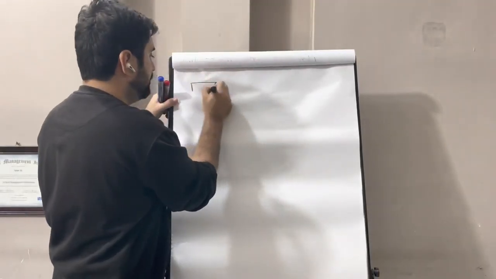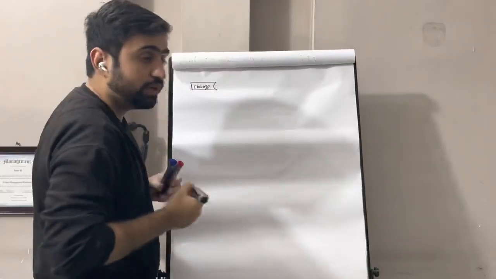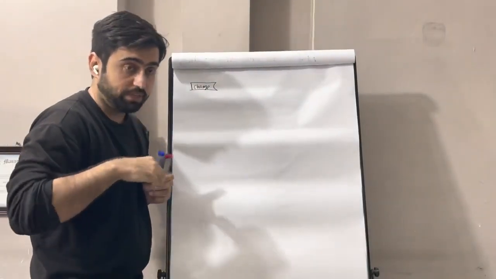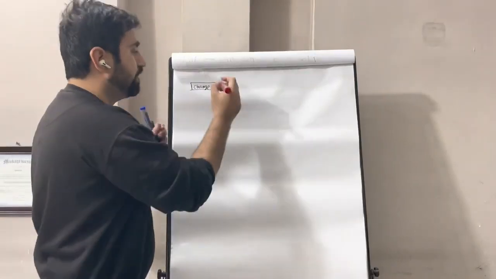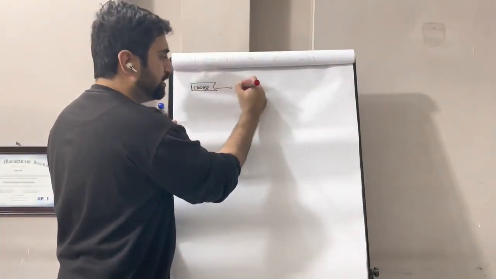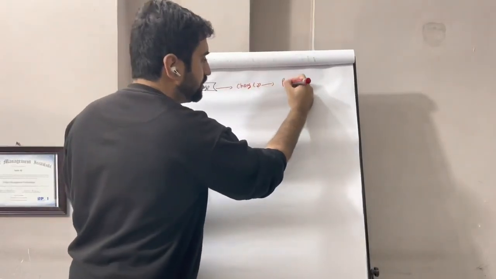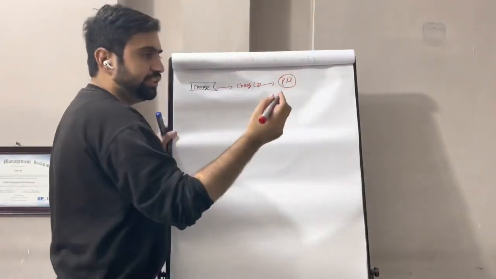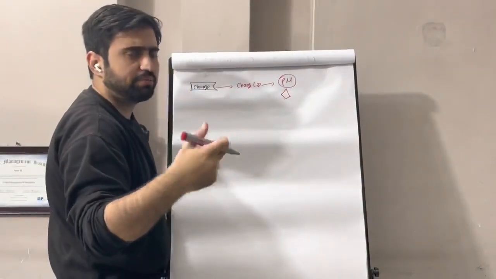Change requested, change initiated. When we say the change is requested, it must be in a formal form. It directly goes in the change log. The PM reviews the change and considers whether the change is valuable or not. Is it affecting the deliverable?